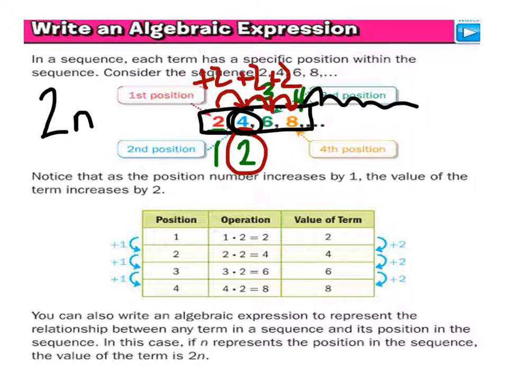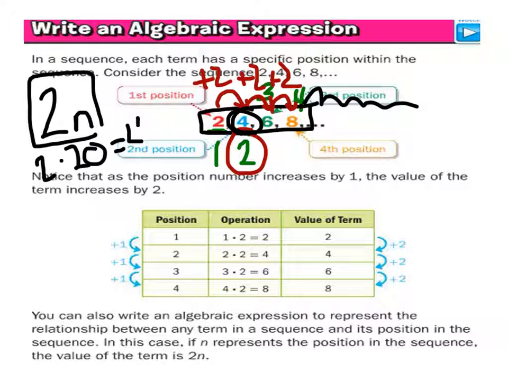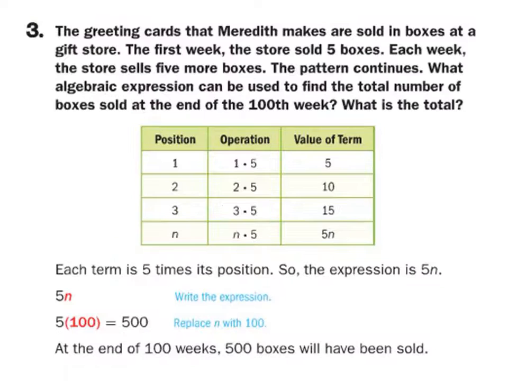So what would be the value of the 20th position? Nate? 40. How did you get 40, Nate? 20 times 2. Very good. You use the expression 2 times the position. Bam, 40. Very good.